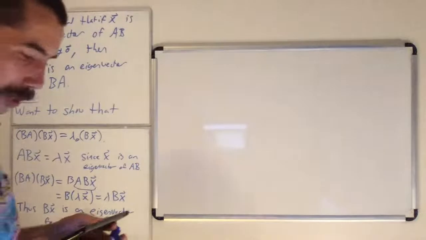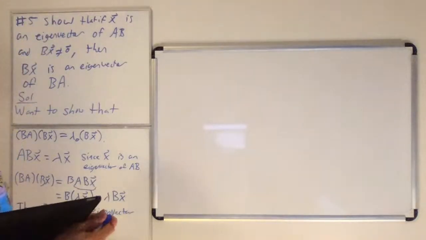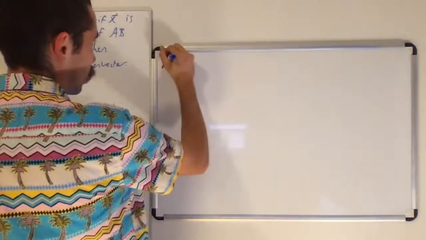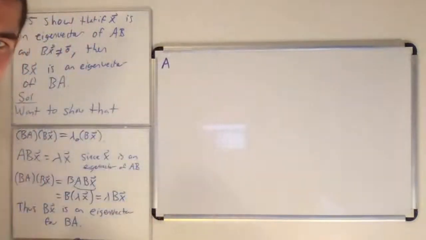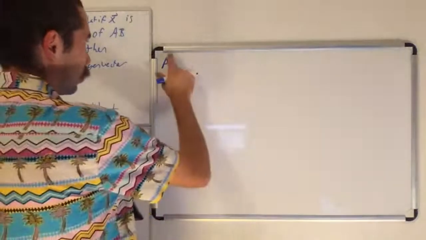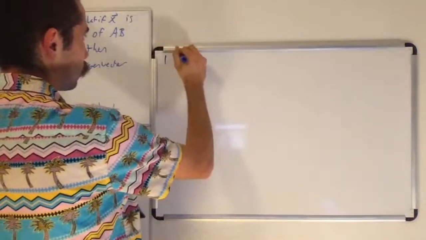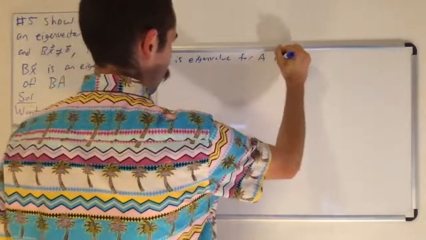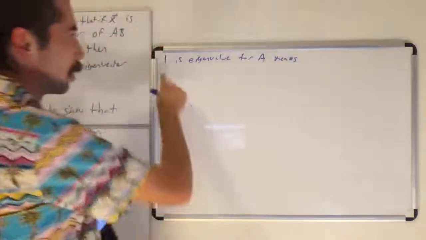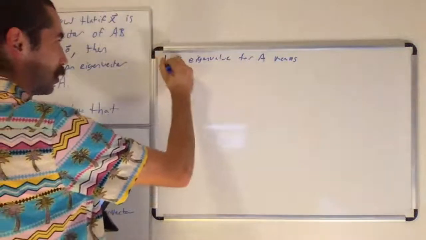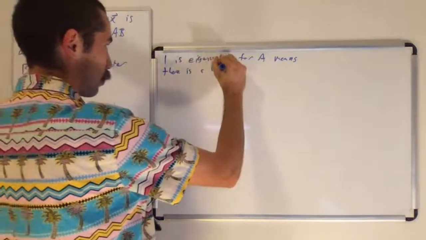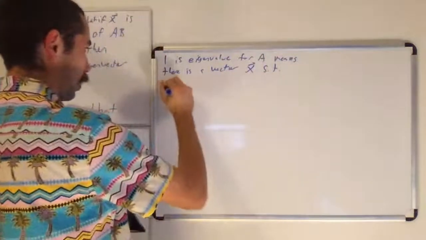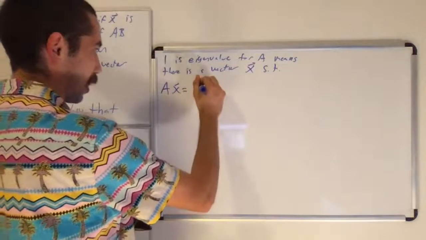So we have A is invertible and 1 is an eigenvalue for A. That means there's some vector, which we could call X, such that AX is equal to 1 times X.